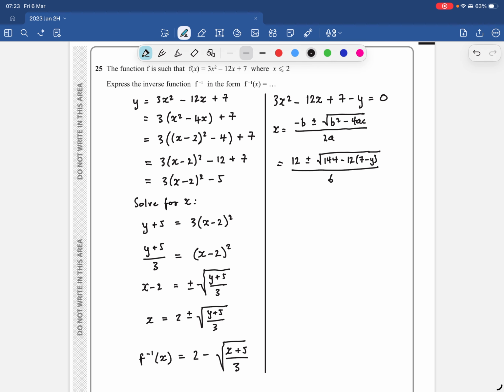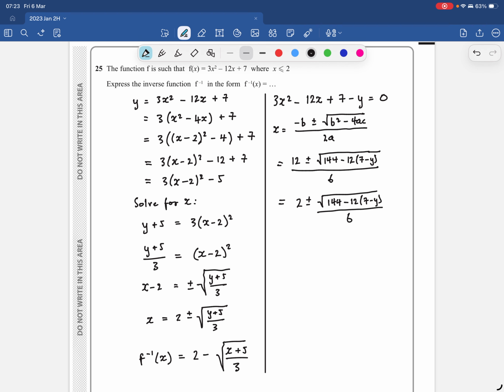And I can divide 12 by 6, and then I get this 2 plus or minus, and then I've got this annoying thing, which is the square root of 144 minus 12 lots of 7 minus y, and this bit alone is over 6.